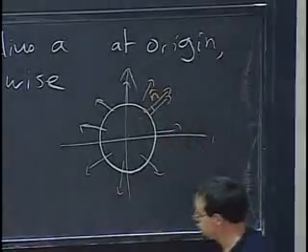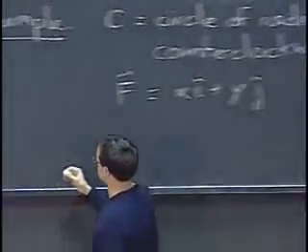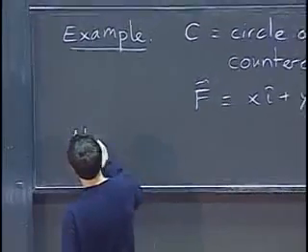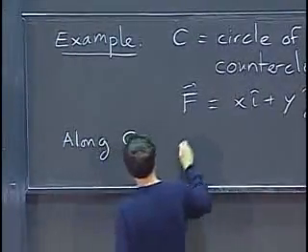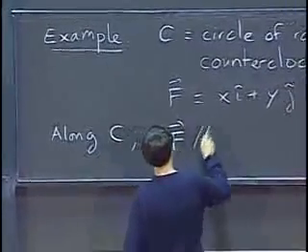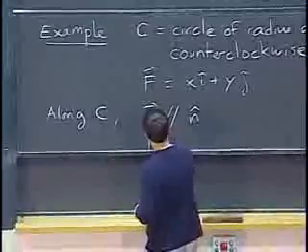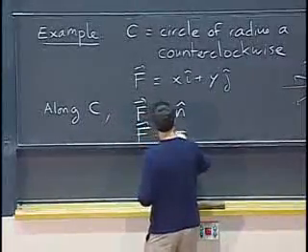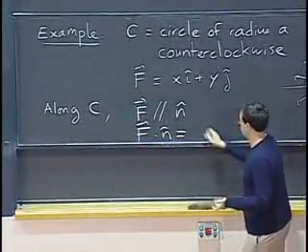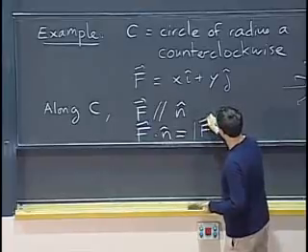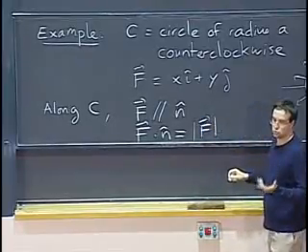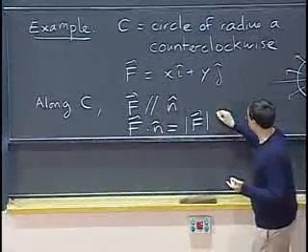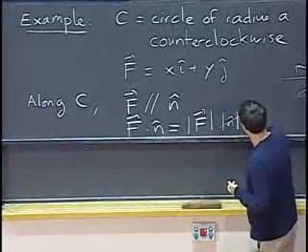So it's parallel to F. Okay, so along C, we know that F is parallel to N. So F dot N will be equal to the magnitude of F, times the magnitude of N, but that's 1. Okay, let me put it anyway, but that's a unit normal vector.